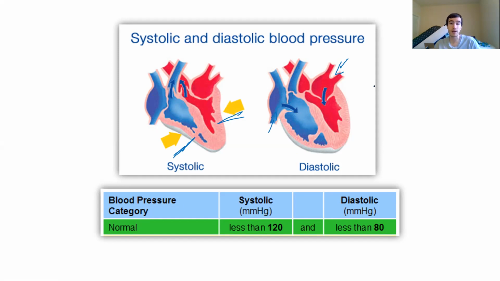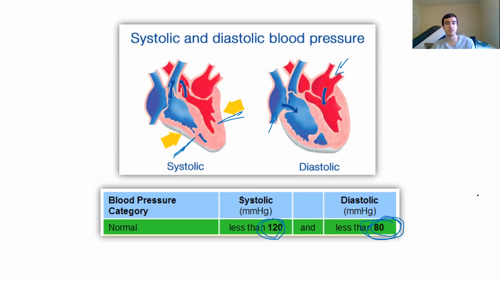So in general, that's how they measure blood pressure, through this pumping and relaxing mechanism. And in general, you want your blood pressure to be somewhere around 120/80, or 120 for your systolic high pressure and around 80 for your low pressure.